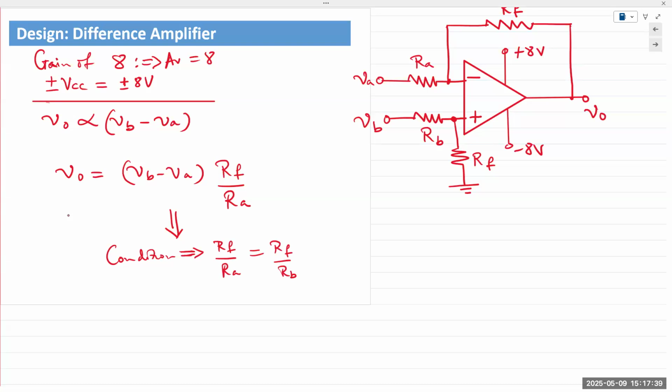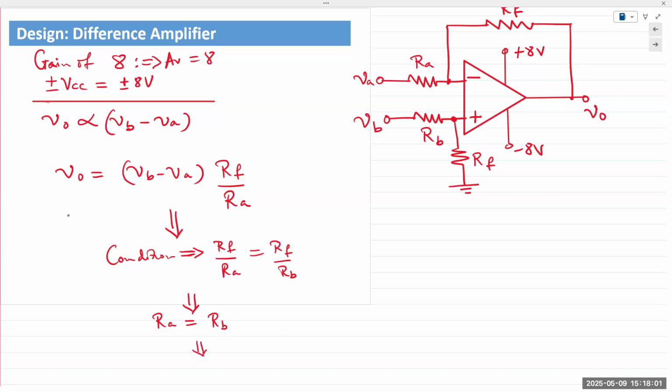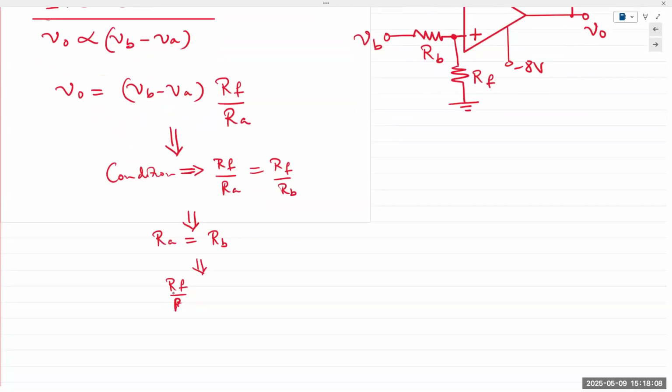That means if we simplify this further, we can take RA equals RB, and RF is the same as in the inverting amplifier. So all we need to do is to determine a ratio of RF to RA equal to 8.